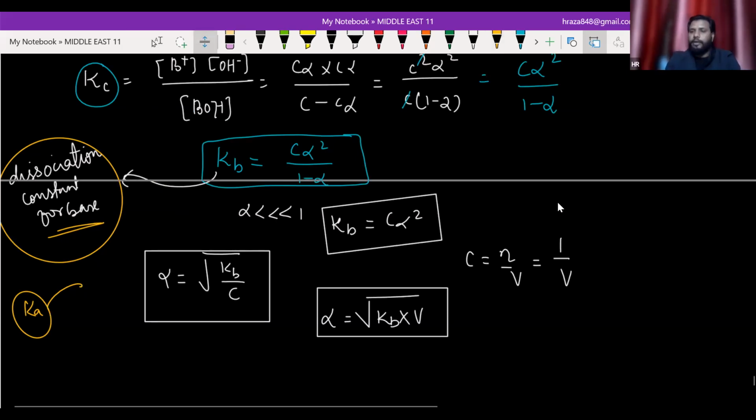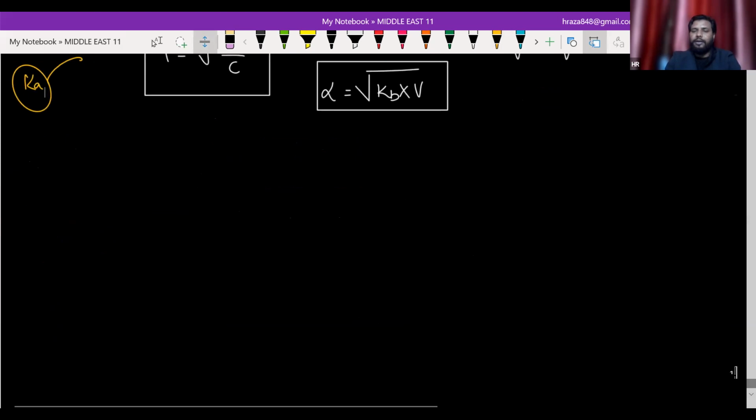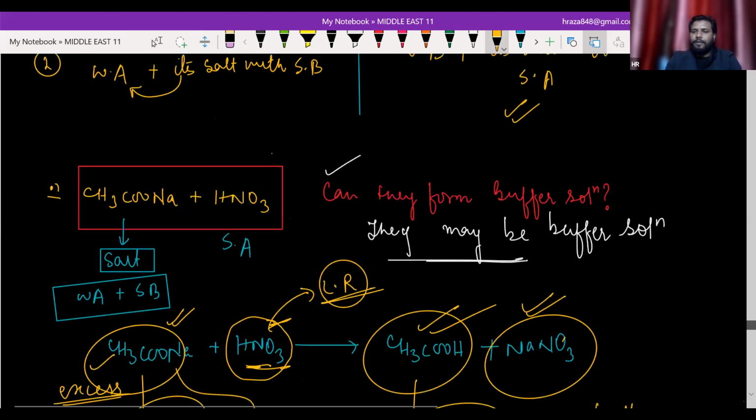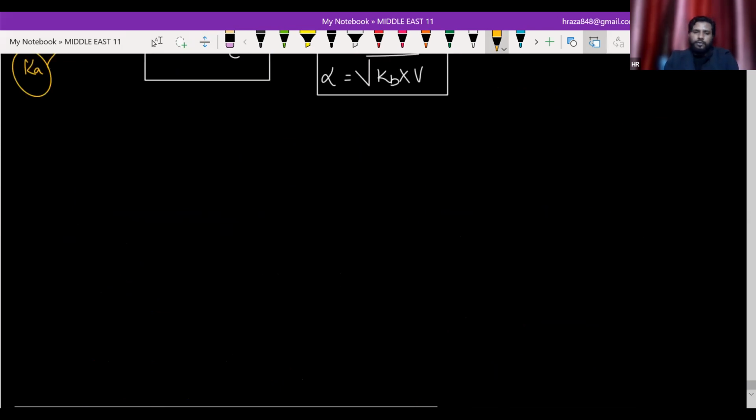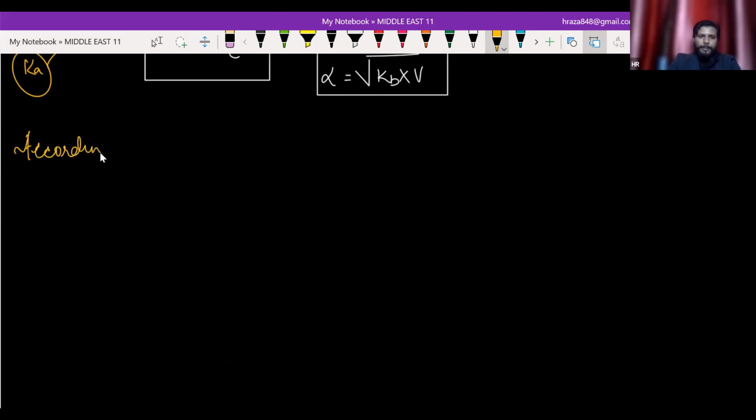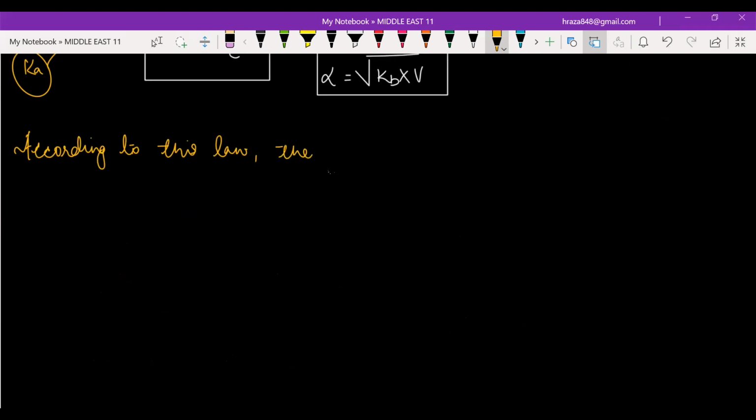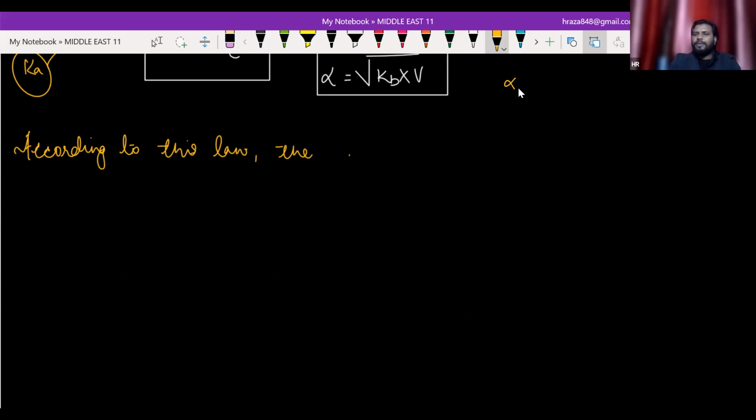Very good. Now I'm going to write exactly what Ostwald dilution law is. So write with me. According to this law, Ostwald's dilution law, alpha is basically the degree of dissociation.